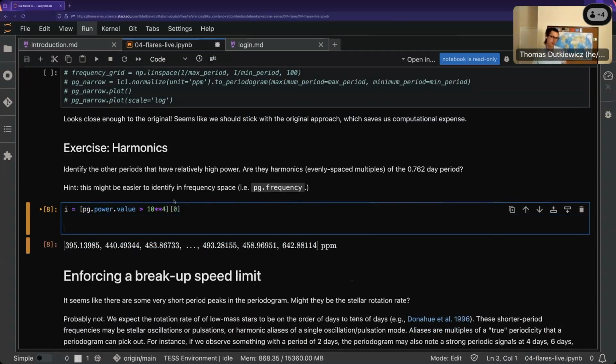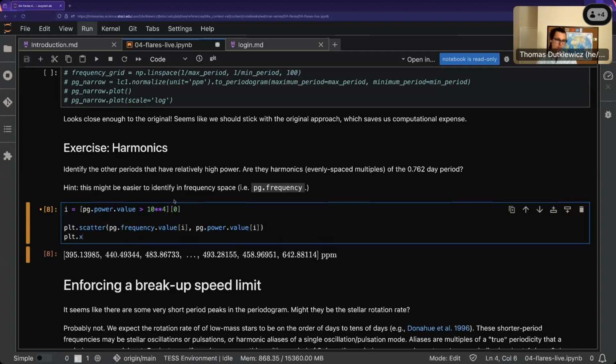And in fact, from here, I think you can do a pretty good proof just by doing a plot dot scatter. So we'll do pg dot frequency dot value at the index, and then a pg dot power dot value also at the index. And for clarity's sake, we'll do a label frequency. Sure.